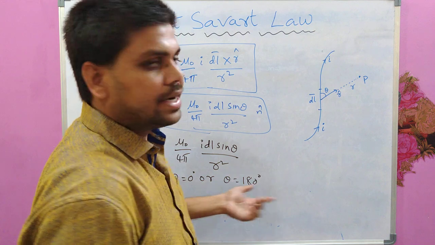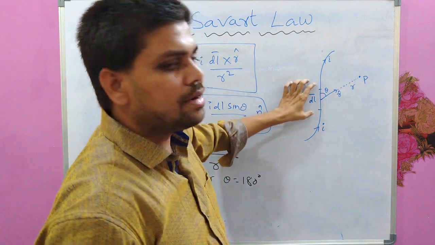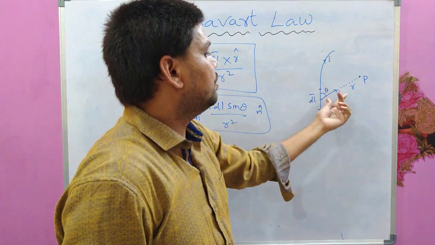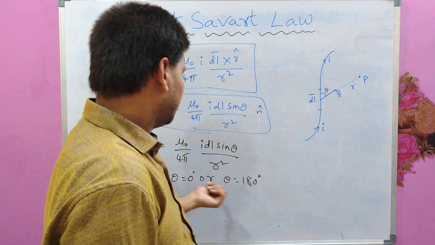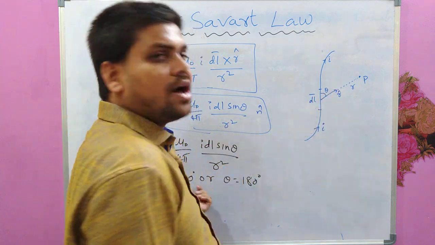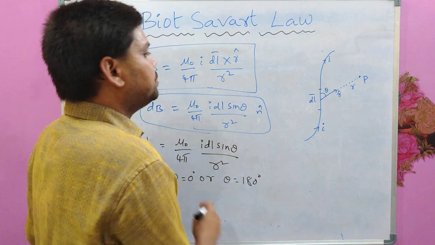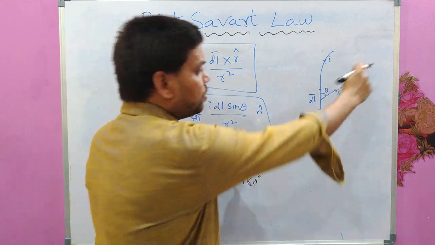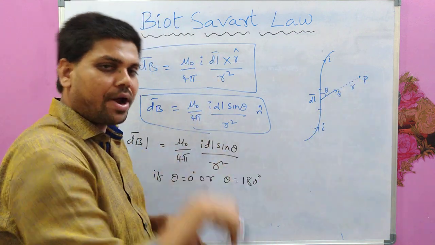What is theta? Theta is the angle between length element dl and unit vector r cap. So if that theta is either 0 or 180 degrees, the magnitude of the magnetic field would become 0 at the point P.